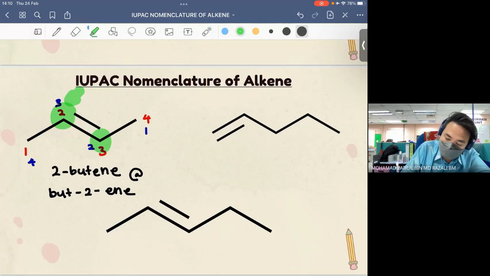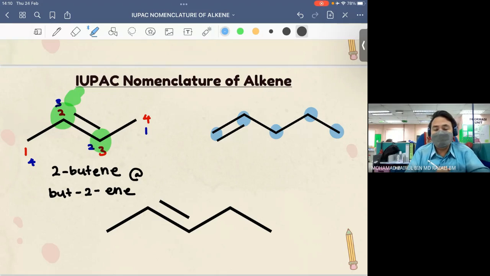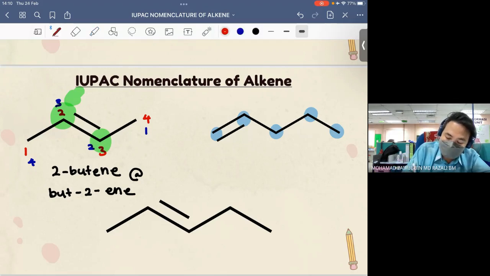Okay. So kita tengok yang this molecule. So this molecule we have 1, 2, 3, 4, 5 carbon. So 5 carbon, so the prefix is going to be pent. Okay, so kita kena ingat, dah cari longest chain, kita kena make sure C double bond C tu have the lowest possible number. So kalau nak cari the lowest possible number, dia mesti kita start kira dari sini. Carbon 1, carbon 2, carbon 3, carbon 4, carbon 5.